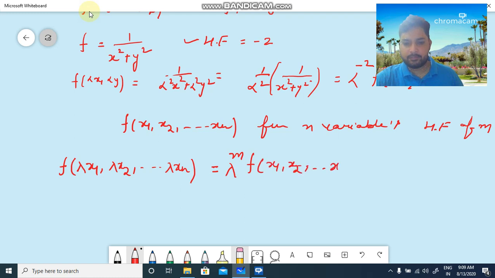If we can rewrite a function of n variables in this form, then we call this a homogeneous function of degree m.